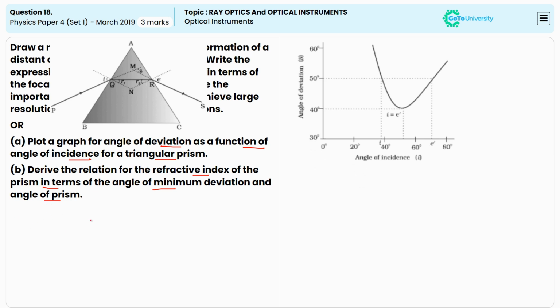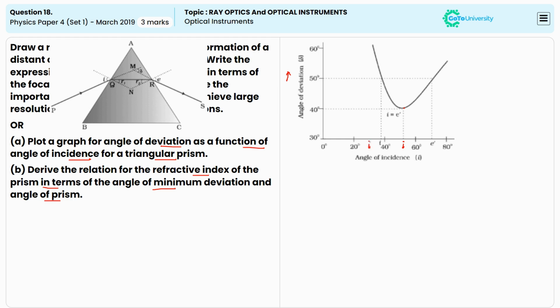On the y-axis, we can see the angle of deviation, delta. The values are 30 degree, 40 degree, 50 degree and 60 degree. And on the x-axis, we can see the angle of incidence, that is the I value. Here the curve will be plotted like this. This is the curve, where at this point is the I value, and this is at 40 degree.